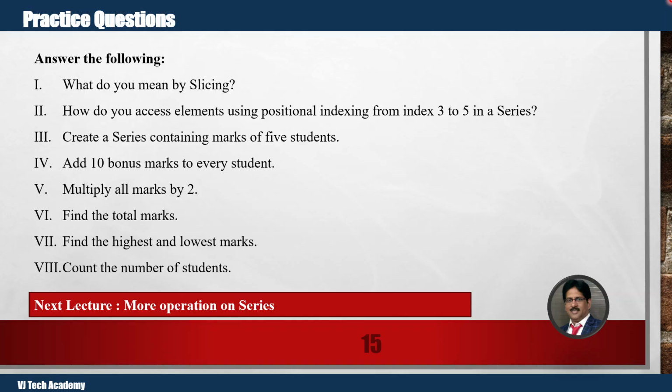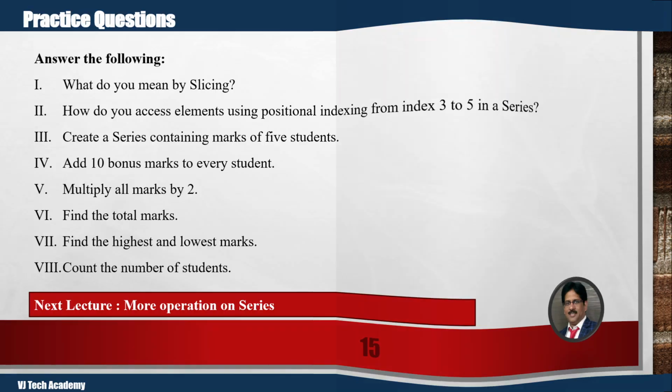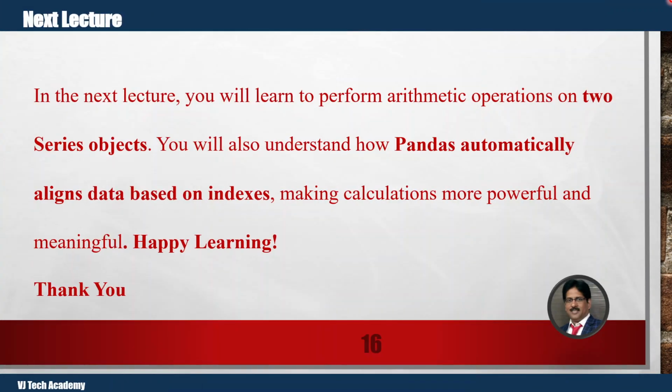In the next lecture, we will learn more operations on the series. Like if you want to perform addition, subtraction, multiplication operation on 2 series objects, that will also be discussed in the upcoming lectures. Fine. So in the next lecture, we will be learning to perform arithmetic operations on 2 series objects.